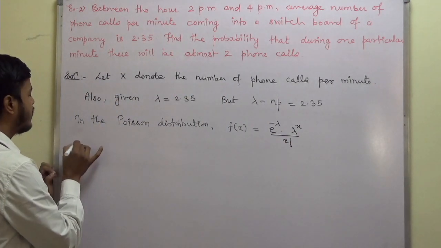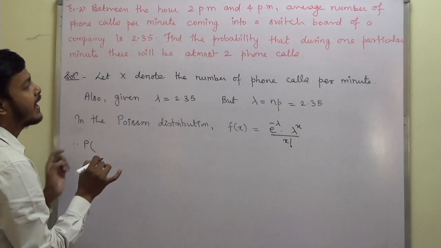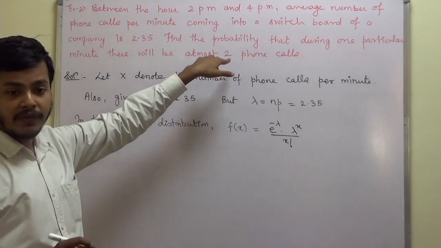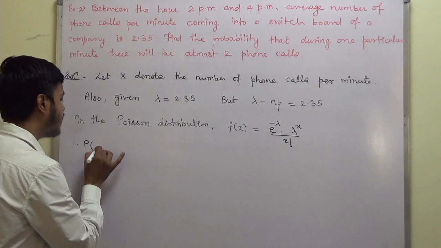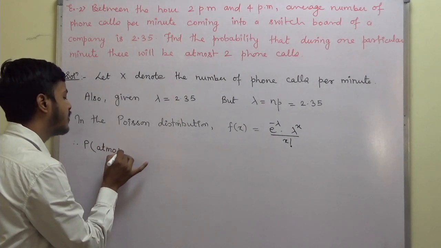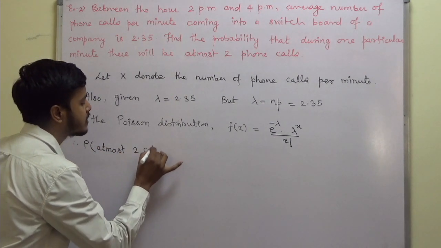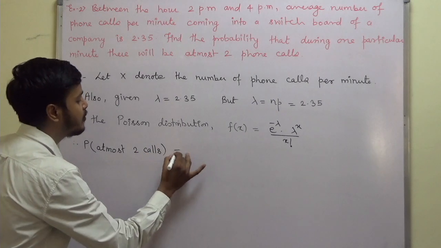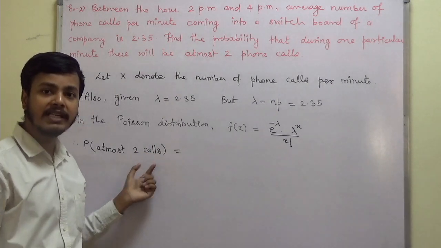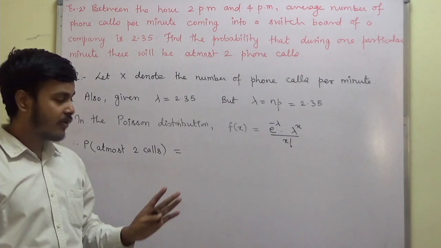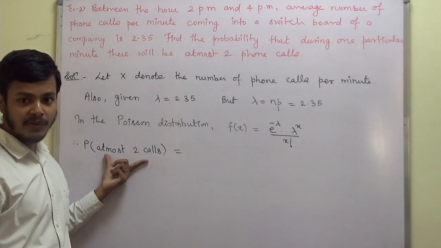Okay, therefore, what is the probability of at most 2 calls? What does it mean? Probability of at most 2 calls means at the most 2 calls, not more than that.